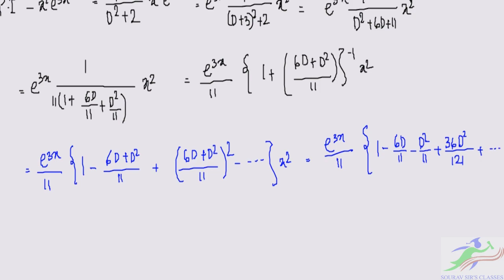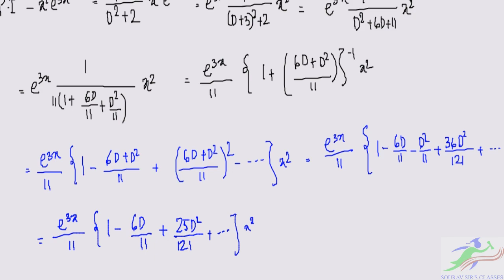Combining the D² terms, it is e^(3x)/11 times (1 - 6D/11 + 25D²/121) x². Now D of x² is 2x, so we have e^(3x)/11 times (x² - 12x/11 + 50/121).